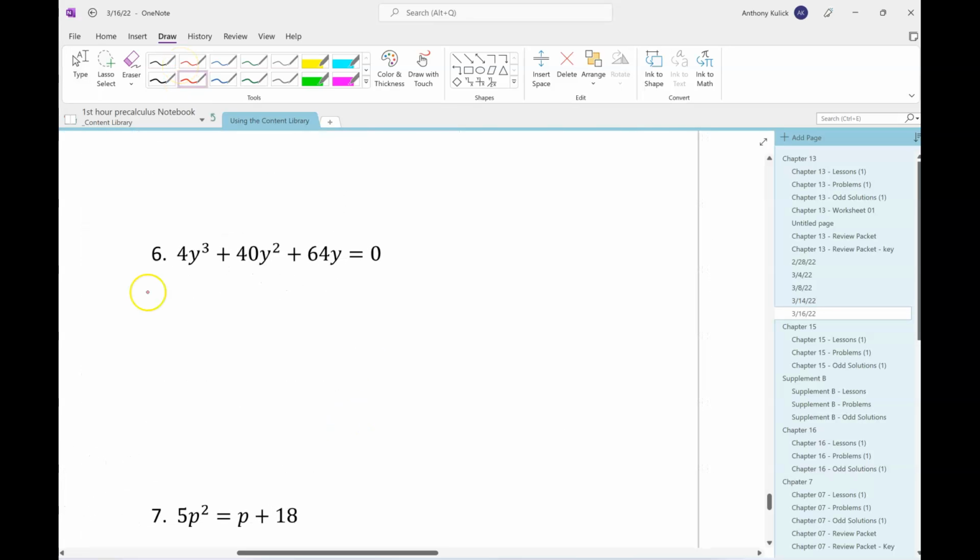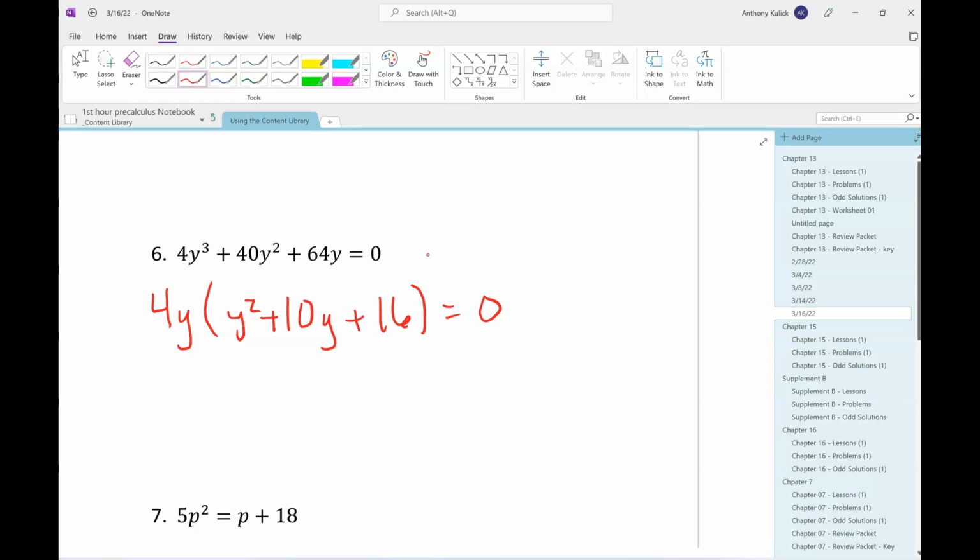I mean, I'd start by factoring off a greatest common factor. And then I can factor that. Multiplies to give us 16, adds to give 10. Yeah, 8 and 2, right? What about the 4y? Well, that I'm just going to ignore until the end.